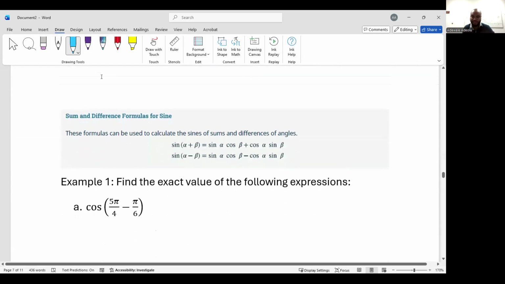Okay, for sine, it is the other way around. For sine, it is sine, cosine, then cosine, sine. That is sine of the first angle multiplied by cosine of the second angle plus cosine of the first angle times sine of the second angle. And when here is plus, for sine, here is plus. When here is negative, for sine, here is negative.